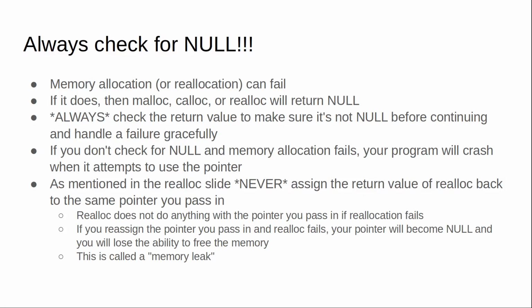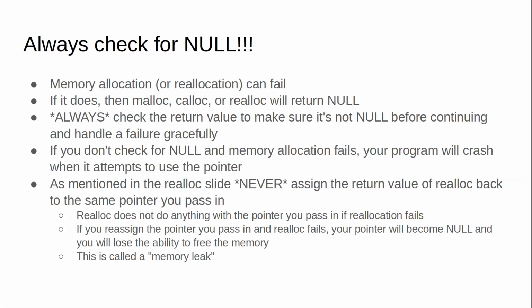So always check the return value of one of these functions to make sure that it's not null before continuing, and handle any failure gracefully. It is always fine to tell the caller of your function that you weren't able to do what you needed to do, but it is not fine to make their program crash. So always make sure you handle the null case.